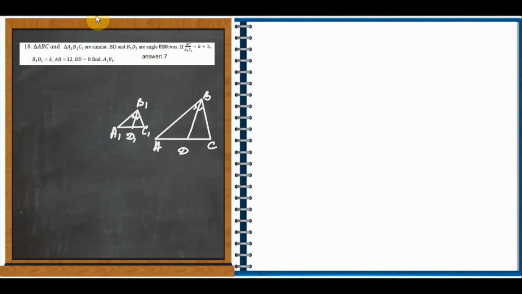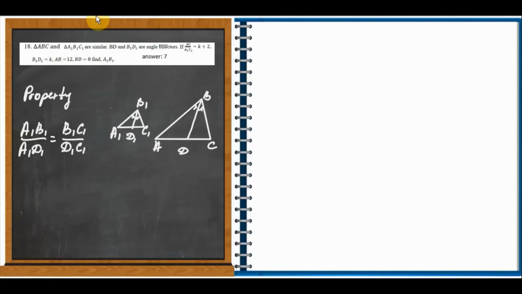Then we need to know the property of the angle bisector. The ratio of A1 B1 to A1 D1 is equal to the ratio of B1 C1 over D1 C1, when B1 D1 is the angle bisector.